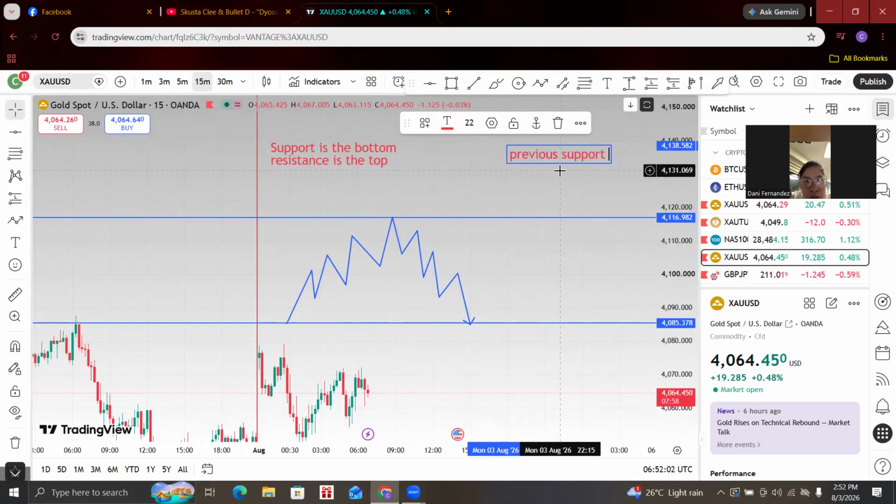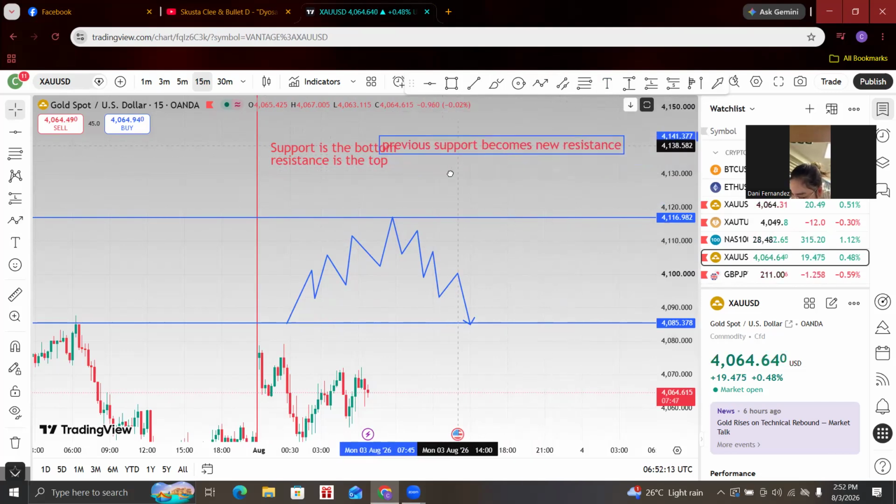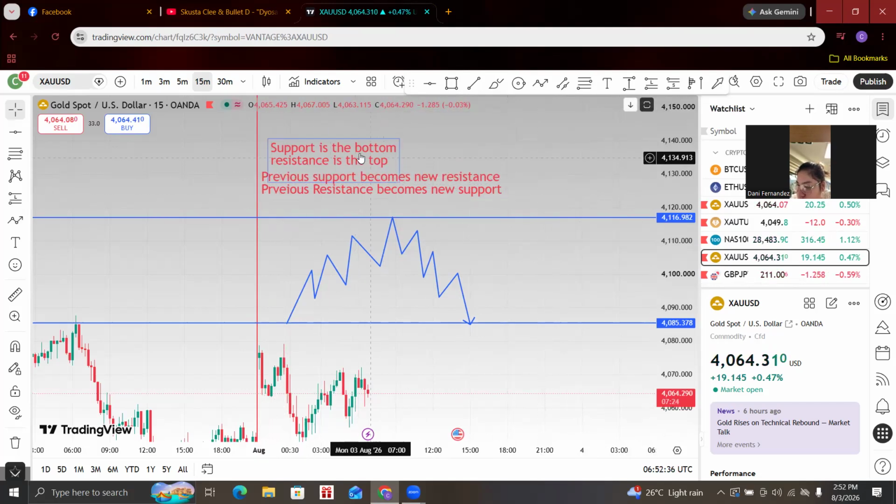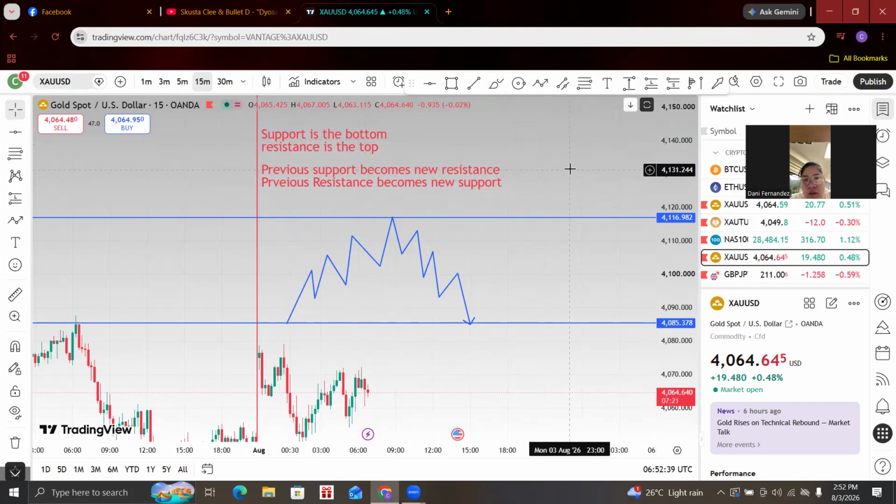Previous support becomes new resistance, and previous resistance becomes new support. Okay. So previous support becomes new resistance, and previous resistance becomes new support.